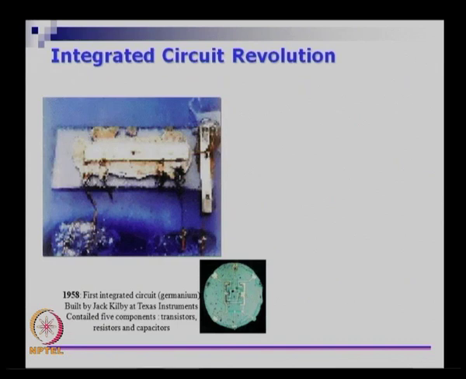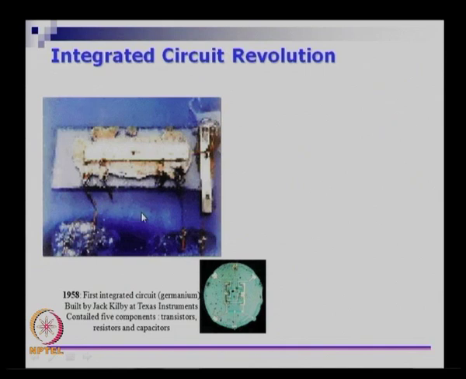So to understand how this huge jump from 1947 to 1997 happened, we need to understand what is called the integrated circuit revolution, or the IC revolution. What you see here on the left side is the very first integrated circuit that was built, and it was built by this Nobel laureate Jack Kilby.